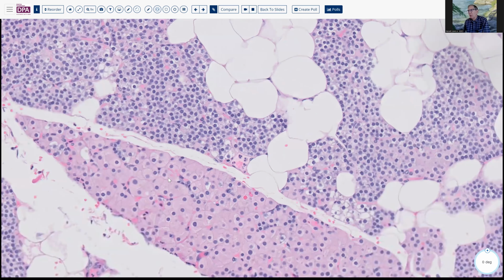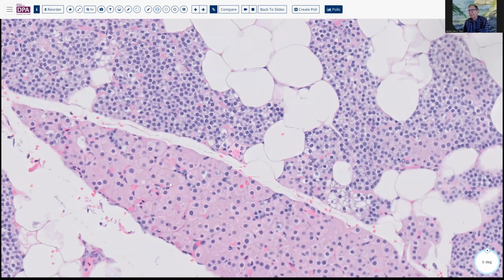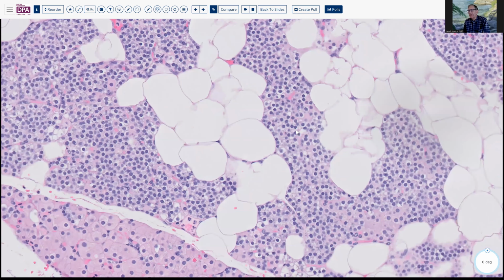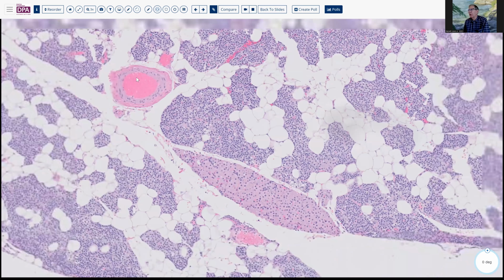And then we may get more oncocytic type cells with pinker cytoplasm, somewhat more abundant. All three cell types can be present in varying proportions, as well as in some of the neoplastic and hyperplastic proliferations that we can encounter in the parathyroid.